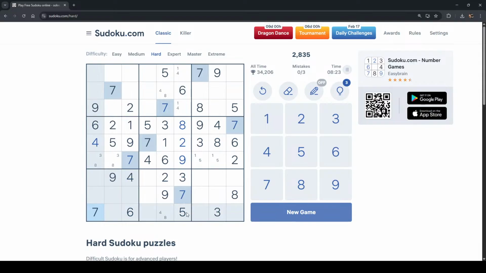So we can say 7 can't be there in the last row or the second last row, and also in the last column and the third last column. So 7 has to be there. You see, 7 can't be in this row or in this column, isn't it? And from the top, 7 can't be in this 7th column or the 9th column. 7 has to be in this row, which is the only possible leftover. Okay, so 7 is all done. So there is a tick over this place.